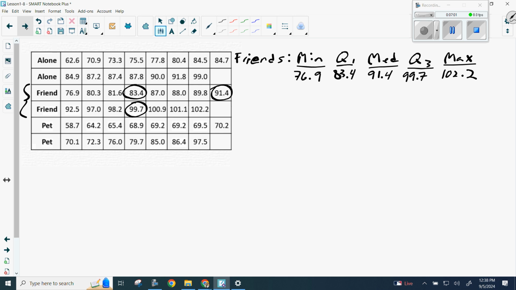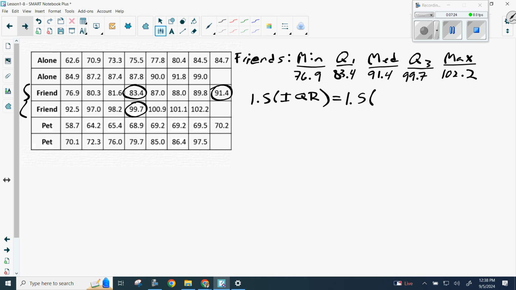So let's go ahead and calculate 1.5 times our interquartile range. We'll subtract that from quartile 1 and add it to quartile 3 in order to get these values and use them to find our lower and upper outliers.